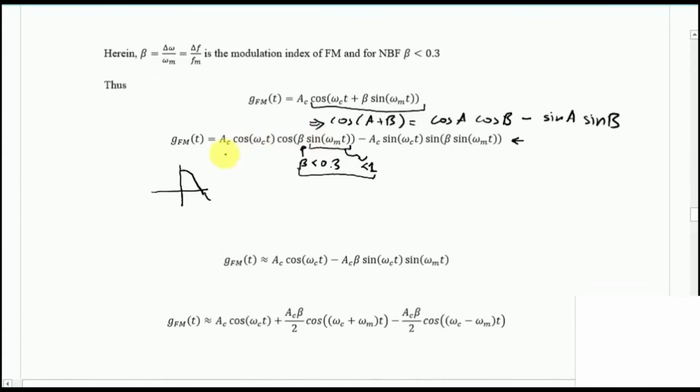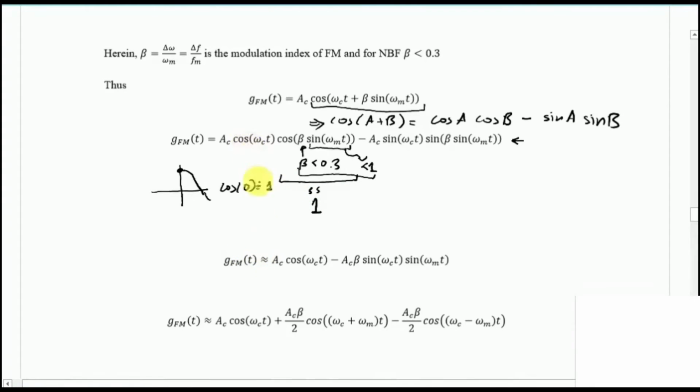If it is small, we will be very near to the origin, and at the origin we know that cos of 0 is equal to 1. So this whole thing can be approximated to 1, right?